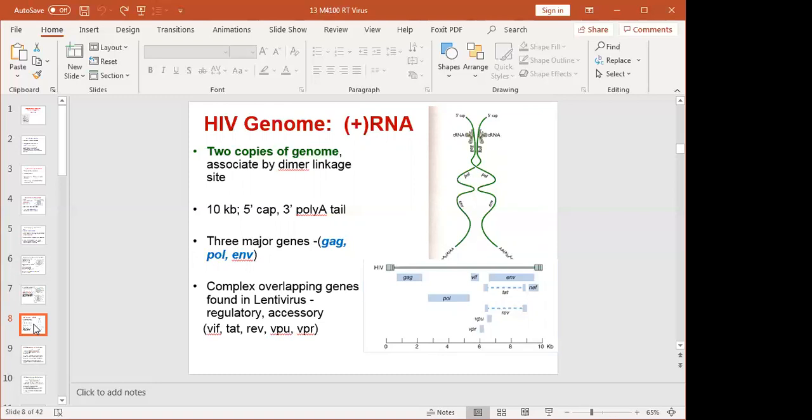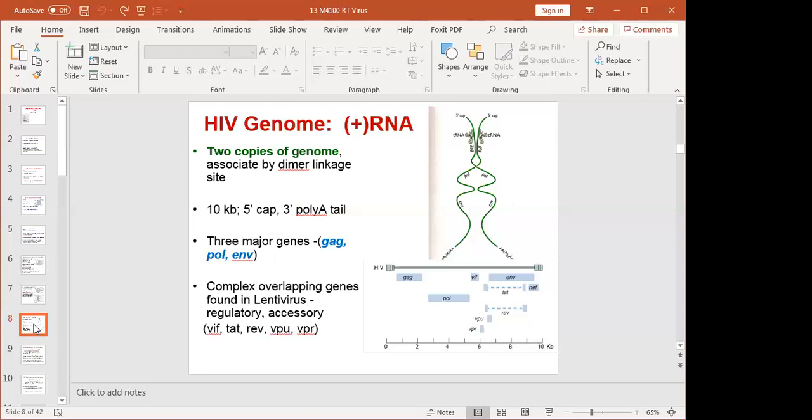The HIV genome contains 3 major genes, GAG, POL, and ENV, that we briefly touched on, but we'll discuss them in a little bit further detail. In addition to these 3 major gene segments, we have complex overlapping genes in lentiviruses.